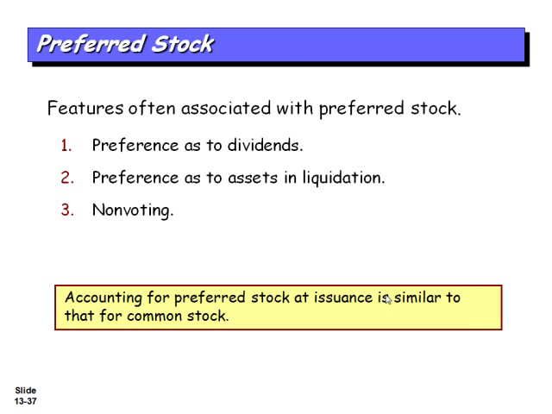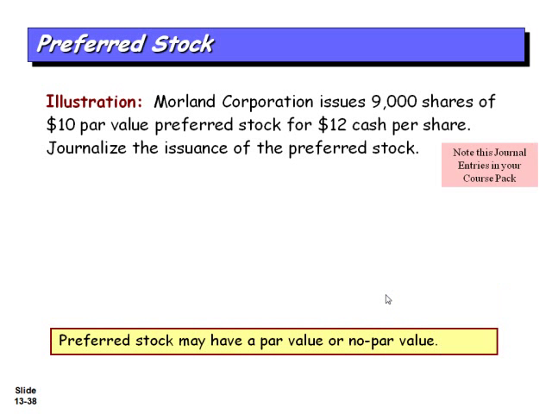Welcome back. We're going to do a very brief discussion of preferred stock. Preferred stock gets preference as to dividends. They get preference as to assets in liquidation, and they're non-voting. Assume that Moreland Company issues 9,000 shares of $10 par value preferred stock for $12 cash per share.